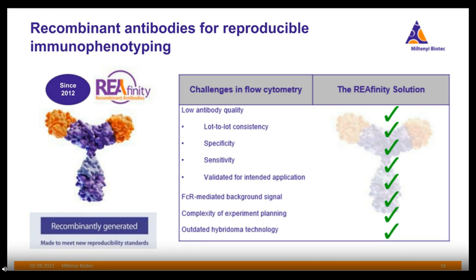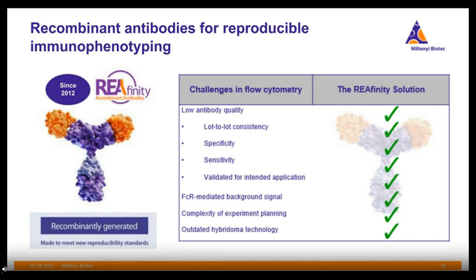Our antibody portfolio particularly targets the most commonly faced challenges in the field, such as bad antibodies, low antibody quality due to lot-to-lot inconsistency, unspecificity, also less sensitivity, and also you might use antibodies which are not validated for the intended application.